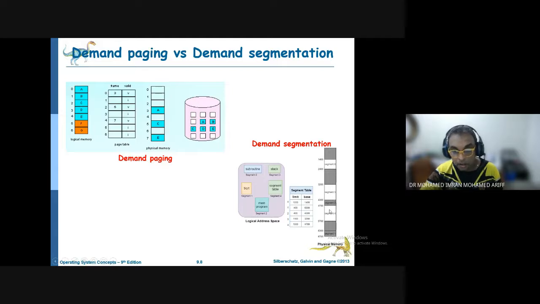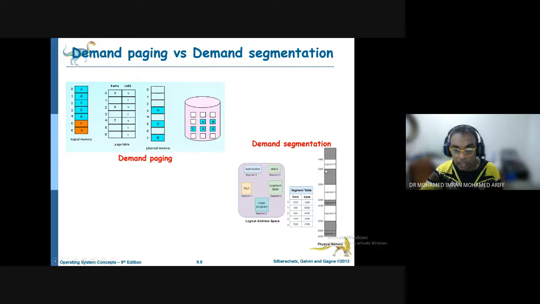It does not have a frame number. It has limit 1000 and base 1400, meaning the files needed by segment 0 are between 1400, which is this one, and the limit of 1000. So 1400 plus 1000 becomes 2400.